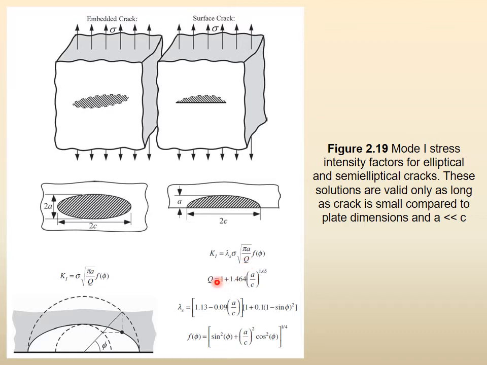This Q is equal to this much, this lambda S is equal to this much, and this F of phi is this angle, right? If this is the crack, then this is the end of the crack here, and any location you want to find, at any location you measure it with an angle phi here. So in this expression, there are lambda S and Q and F of phi, separately the three are here. We could put all of these inside the equation. This will become a very big complicated equation.